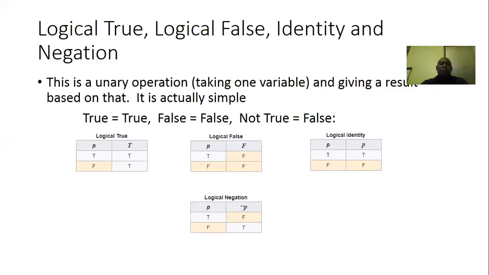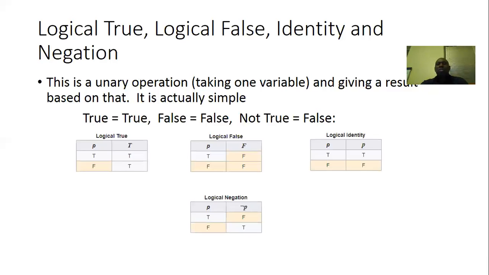So these are the four unary logical operators that we have looked at. The first one is logical true, where the result is always true. The second one is logical false, where the result is always false. The third one is logical negation, where whatever is given, the result is the opposite.